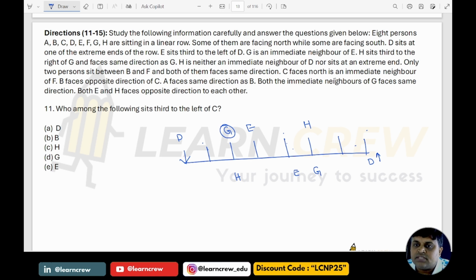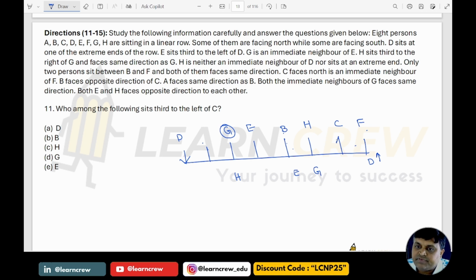C faces north and is an immediate neighbor of F. C is an immediate neighbor of F. So what you can say here, C is an immediate neighbor of F means B and F can't be these two. Okay, so I can take B and F like this. C is an immediate neighbor of F and C faces north.